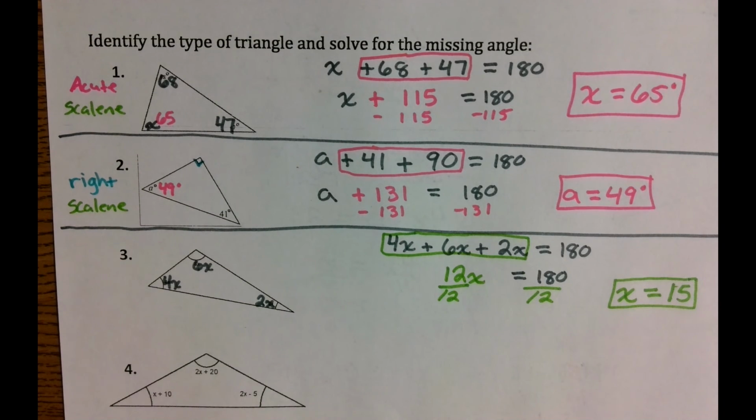Now, the thing is that doesn't tell us what the angles are. I know that they're all different, so at least I know it's going to be scalene. I know that much. But I don't know whether I'm dealing with acute angles or right angles or obtuse angles. So how do I figure that out? Maya? Not divide.